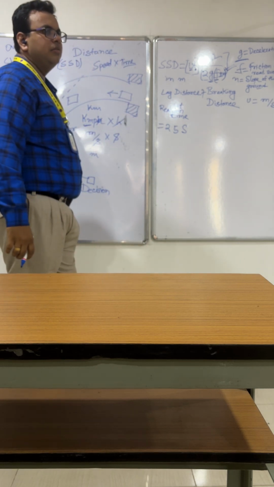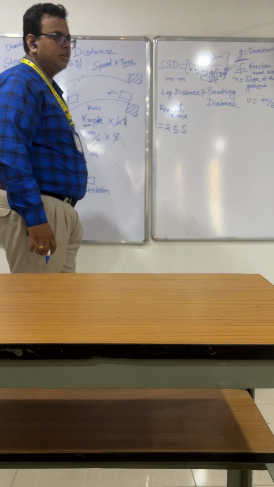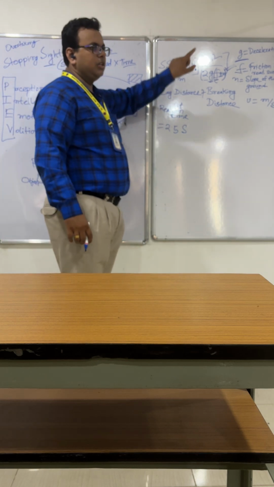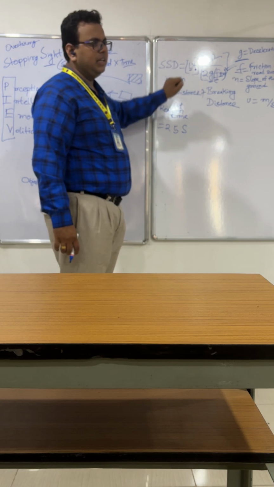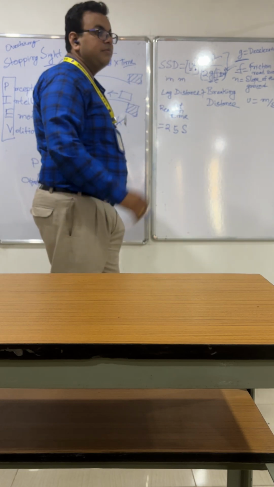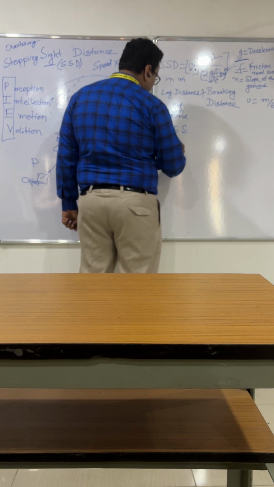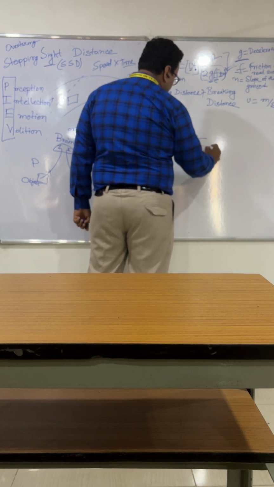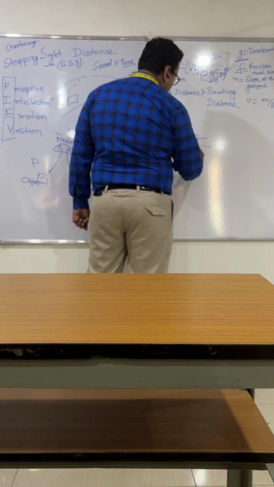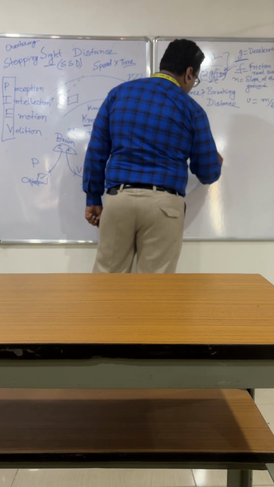If the speed is in meter per second, then the equation is Vt plus v square over 2g(f plus minus n). If the speed is considered in kilometer per hour, then this equation will look like this: Vt plus v square over 254, that is 0.278Vt plus V square over 254(f plus minus n).